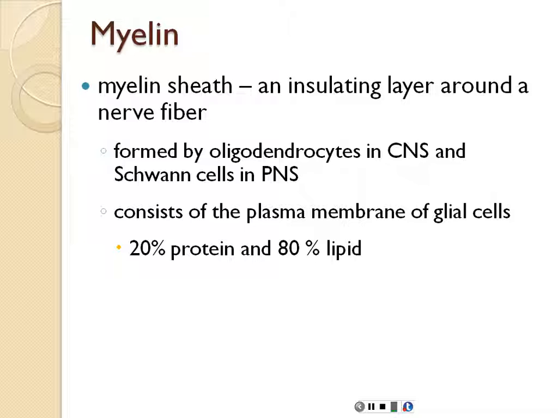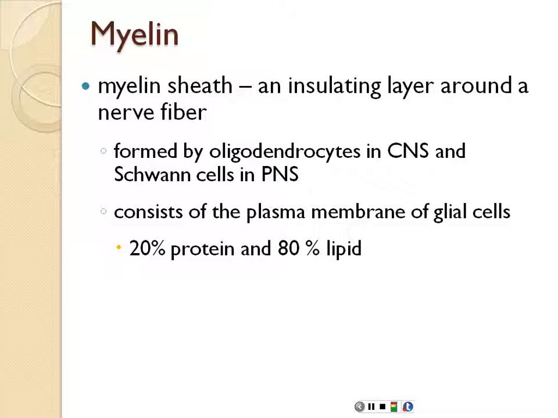Myelin is found around axons of some neurons. Not all of them have myelin. In the CNS, it's formed by oligodendrocytes. In the PNS, it's formed by Schwann cells. There are several things you should know about myelin for the quiz next week. One of them is which cells actually make the myelin: Schwann cells and oligodendrocytes.